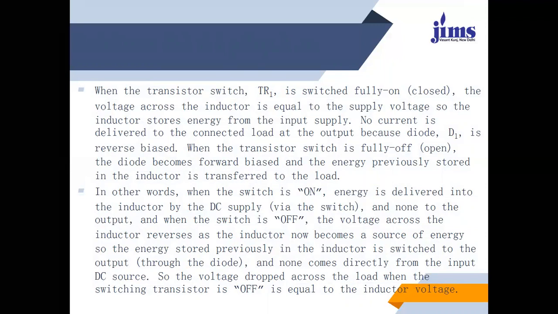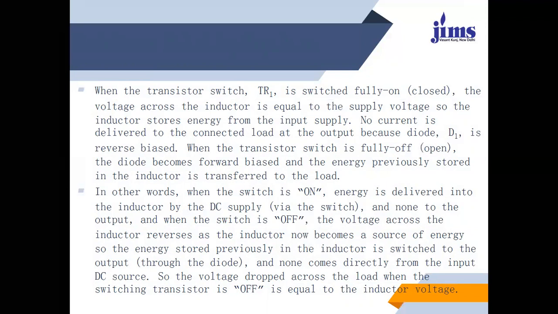In other words, when the switch is on, energy is delivered into the inductor via the DC supply, via the switch, and none to the output. And when the switch is off, the voltage across the inductor reverses as the inductor now becomes a source of energy. So the energy stored previously in the inductor is switched to the output through the diode, and none comes directly from the input DC source.